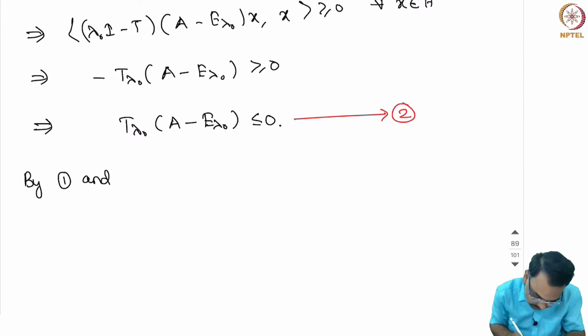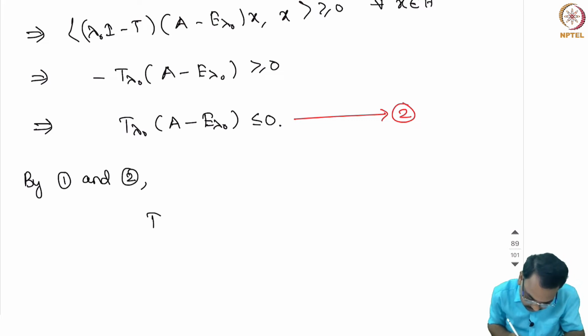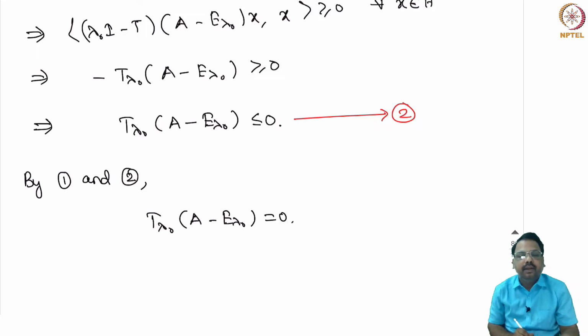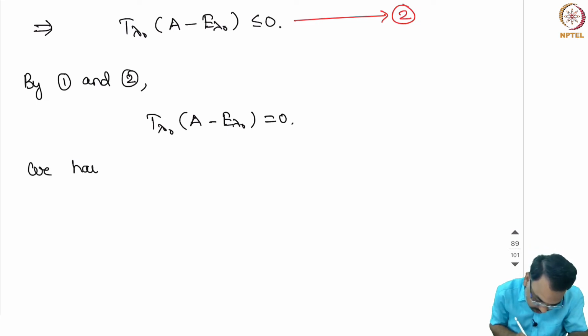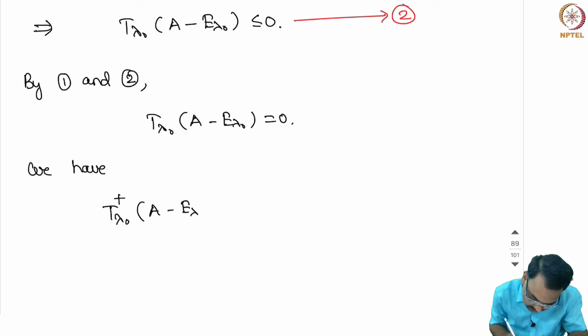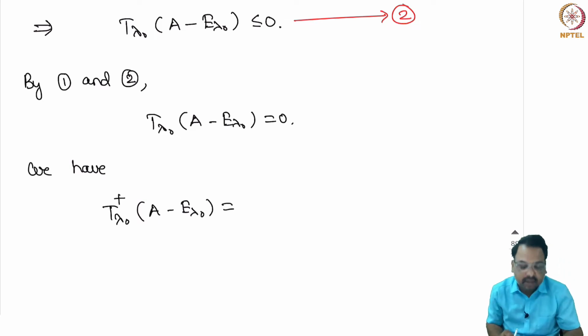By 1 and 2, we get T lambda naught into A minus E lambda naught is 0. Okay. Now consider T lambda naught plus into A minus E lambda naught. We know that T lambda naught plus is nothing but T lambda naught into I minus E lambda naught.